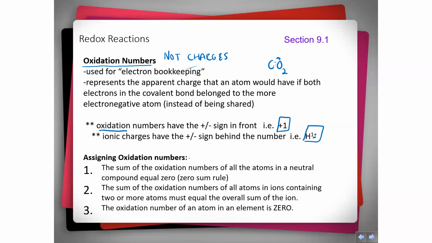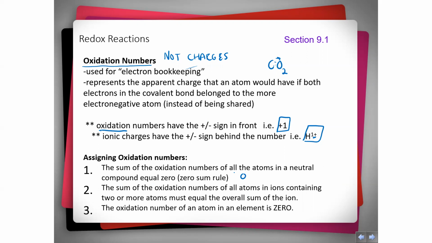Here are the rules for assigning oxidation numbers. If you have a neutral atom, the sum of all the oxidation numbers should equal 0. So if one of the atoms is a 2+, the other one's got to be a 2- to cancel those two oxidation numbers out. If you have an ion that has a charge, like a polyatomic ion, the sum of all of the oxidation numbers should equal the charge on your polyatomic ion.